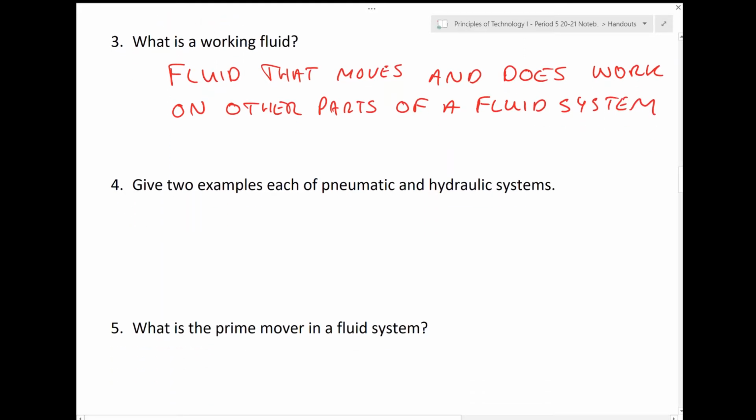Give two examples each of pneumatic and hydraulic systems. So I will start with pneumatic, and the first example I am going to give is the body's respiratory system. The second example that I'm going to give is an air compressor.